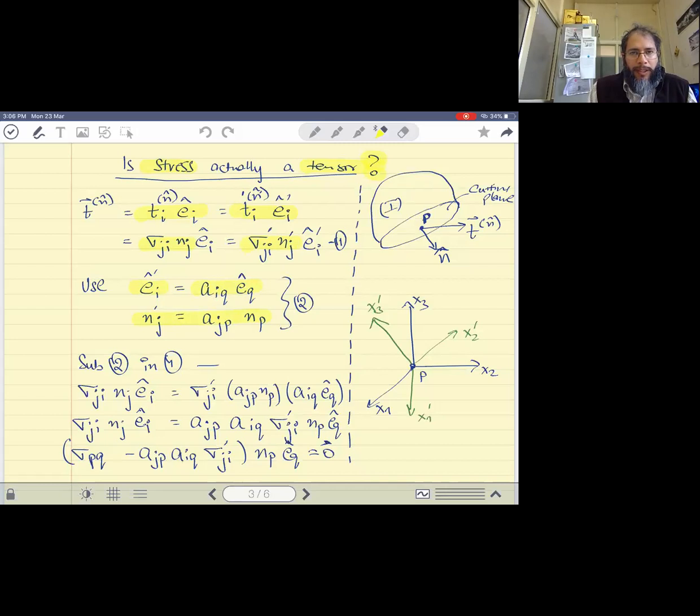So the next step is simply substituting these Ei prime and Nj prime into equation number 1, which is given here. So when we do that, we get sigma Ji Nj Ei, which is same as the left hand side earlier. In the right hand side, now we're going from here.